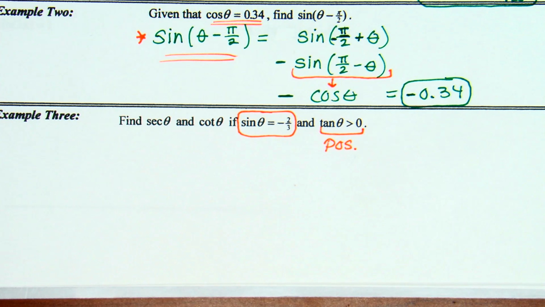Levi? We could do sine squared theta plus cosine squared theta equals 1. Okay, the Pythagorean identity that involves sine, since we're provided sine. And I'm perfectly fine with going that way. The other option, if we know sine, what else do we know?